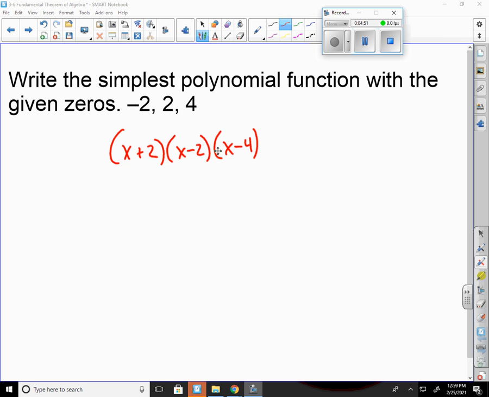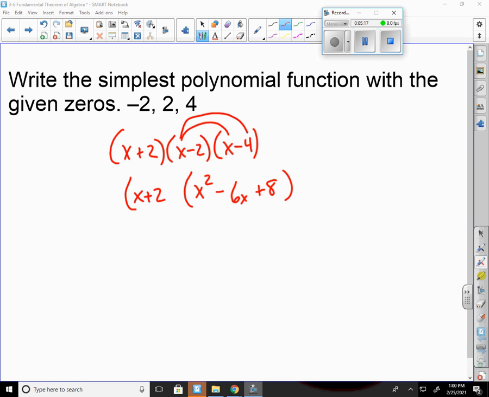We can multiply these two together first. x times x is x squared, times -4 is -4x. Negative 2 times x is negative 2x, so I can combine my negative 4 and negative 2. That becomes negative 6x, and then negative 2 times negative 4 is plus 8.